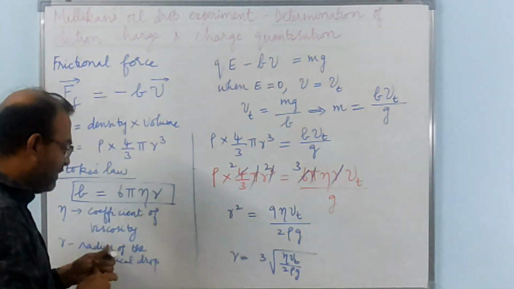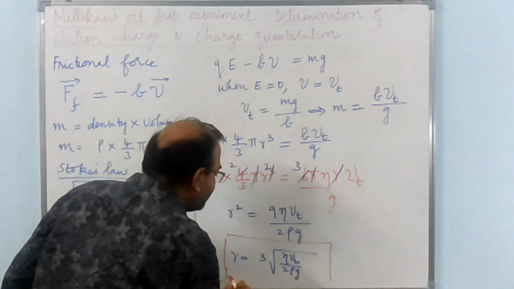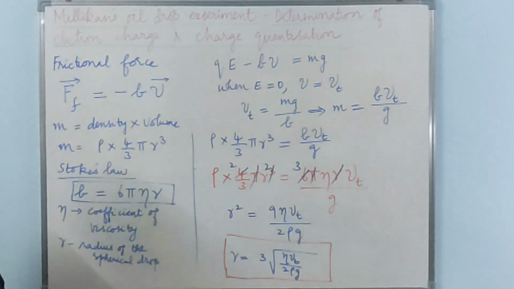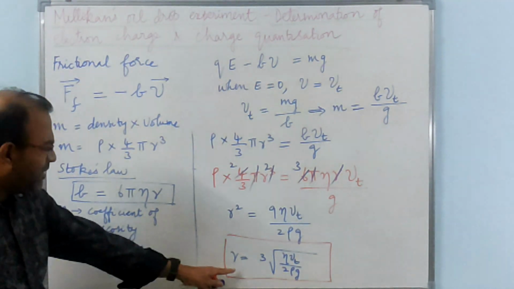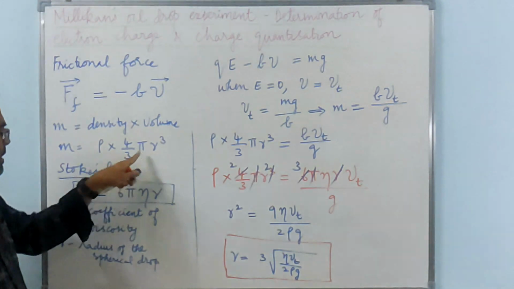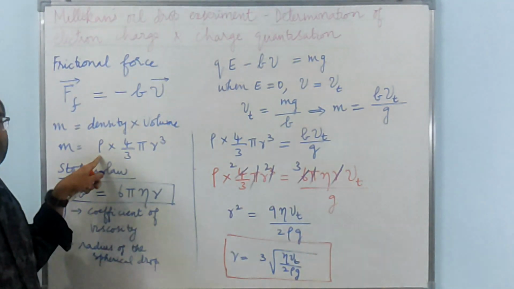This is the expression that has to be used for the radius of the spherical drop in this oil drop experiment. And once we know the radius, we can plug in that value here to get the mass of the oil drop by knowing already the density of the oil drop.